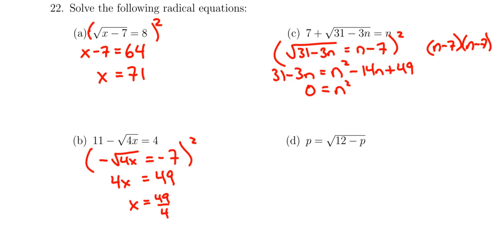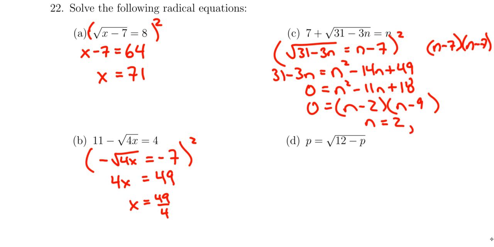Now I'm going to bring over those terms, and so that's going to end up being negative 14. I'm going to add that 3, so it's going to be negative 11n. And then 49 minus 31 is going to give me 18. Now I've got to look for factors of 18 that combine to get negative 11. It's going to be negative 2 and negative 9. And so my n values are going to be positive 2 and positive 9.